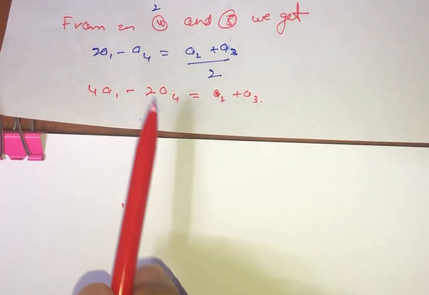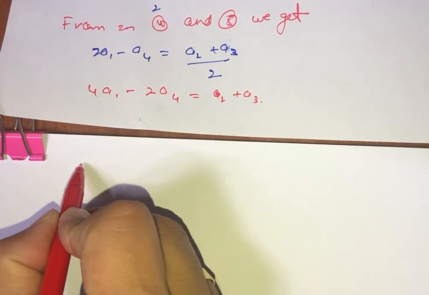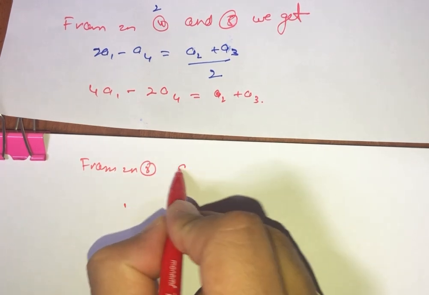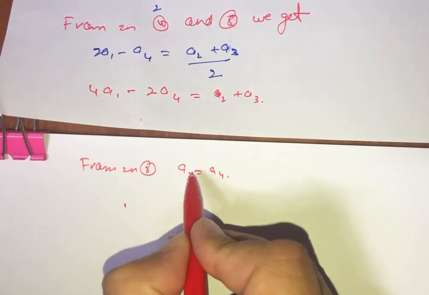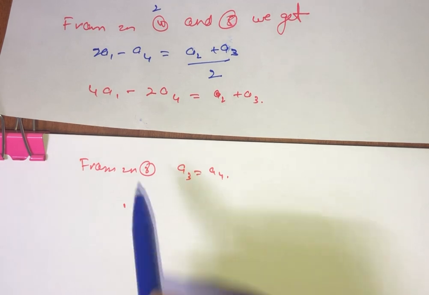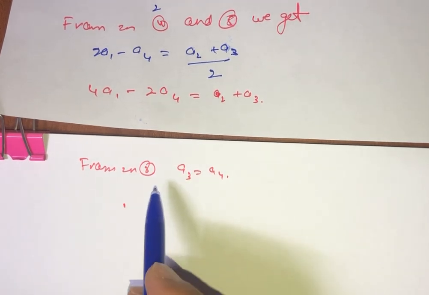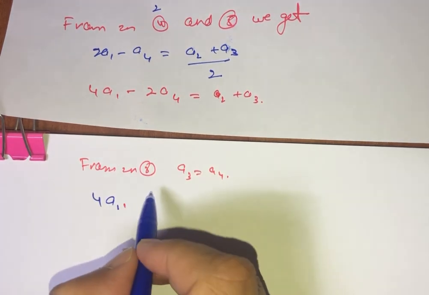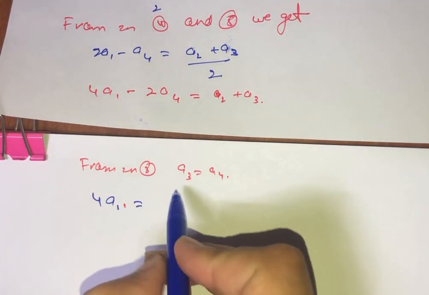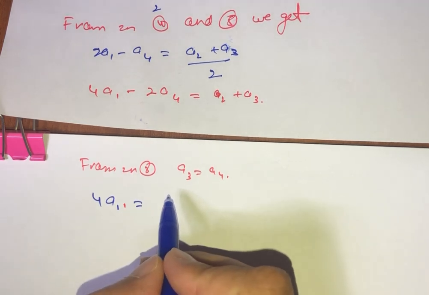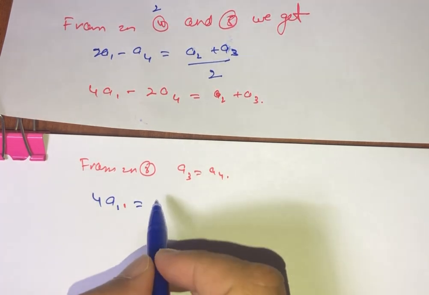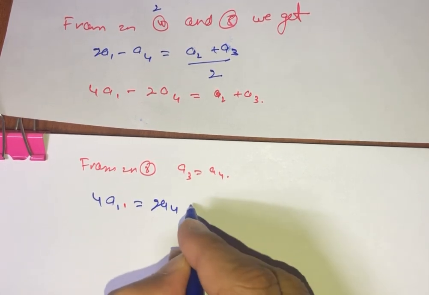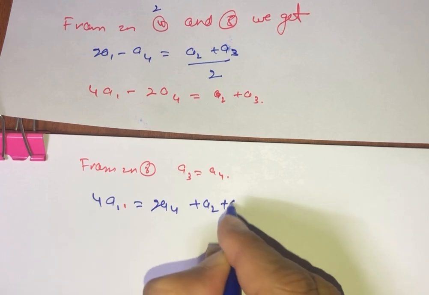Now we already know that from equation 3, a3 is equal to a4. We already proved it. So we are going to substitute this value and we get this as 4 times a1 is equal to 2 times a4 plus a2 plus a3.